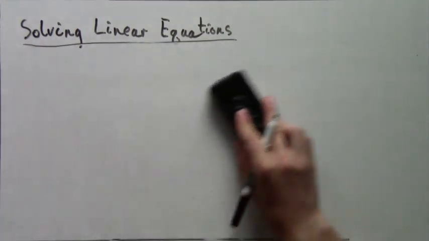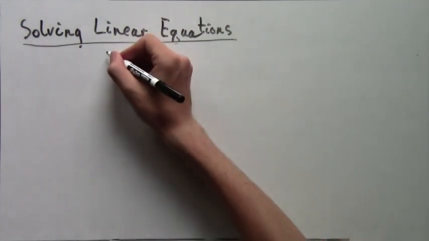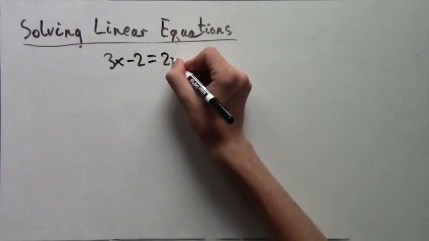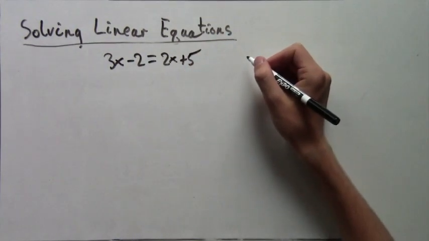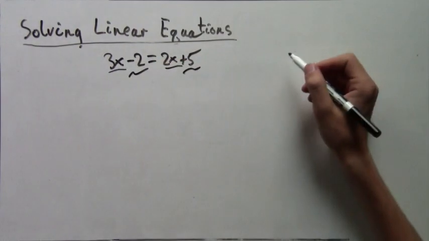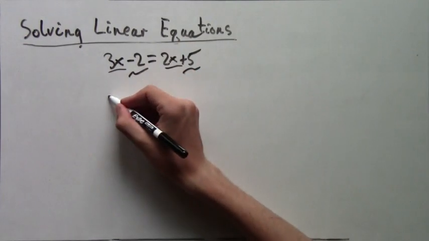So let's go on to a second example now. 3x minus 2 equals 2x plus 5. So again, we have variables and we have non-variables. They're the x's, and then negative 2 and plus 5 are the constants.